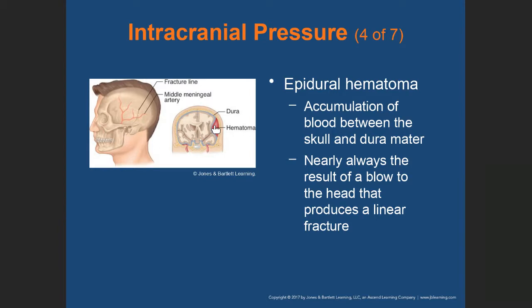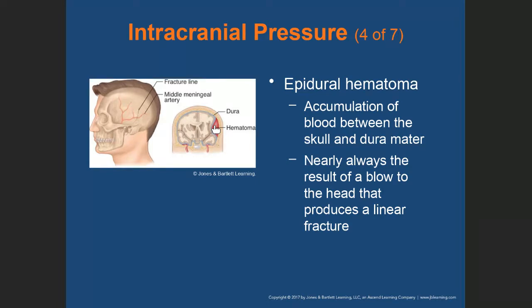So they lose consciousness from that blow. And then they regain consciousness. But after they regain consciousness, their level of alertness and orientation starts to gradually decline until they go unresponsive again.